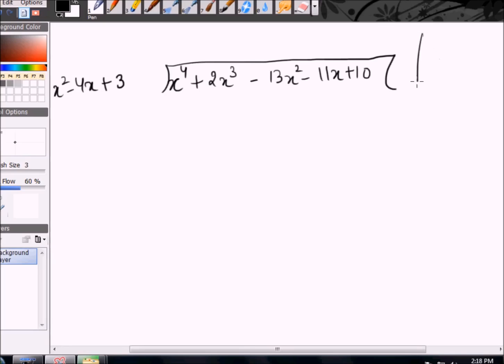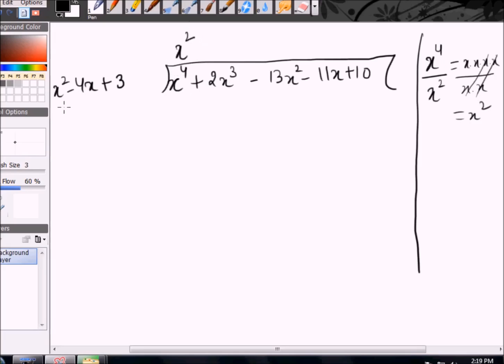Now, the first term of the dividend is x^4, the highest degree term of the divisor is x square. On dividing the two terms, we get x square.